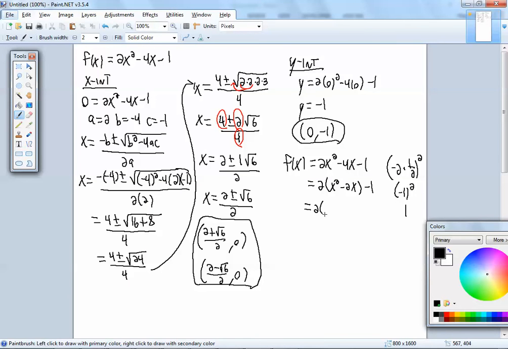So we got 2 times x squared minus 2x plus 1 minus 1, and then that minus 1 carries down there. Now, when we do that, we have to think of this as the first three terms grouped together and the last term grouped together.